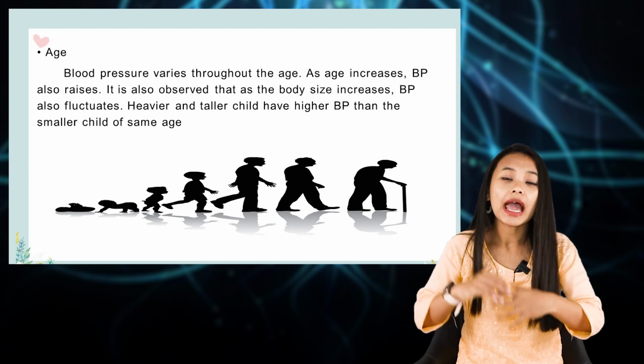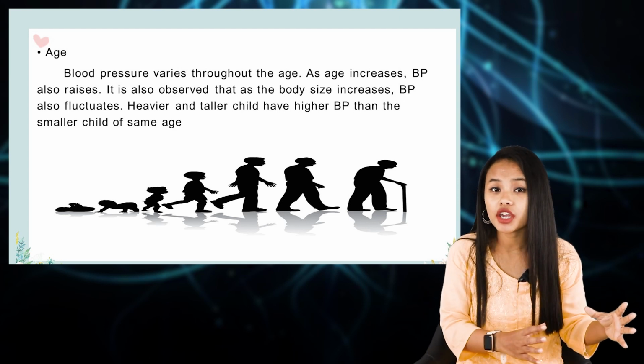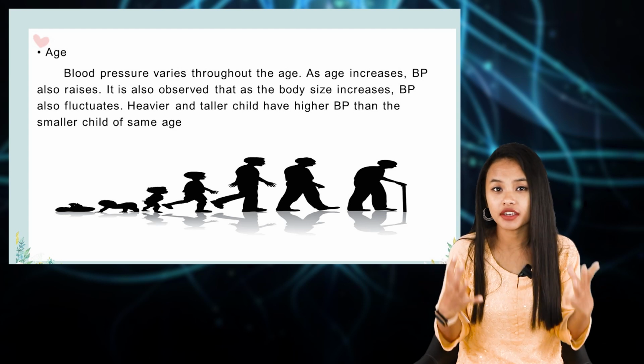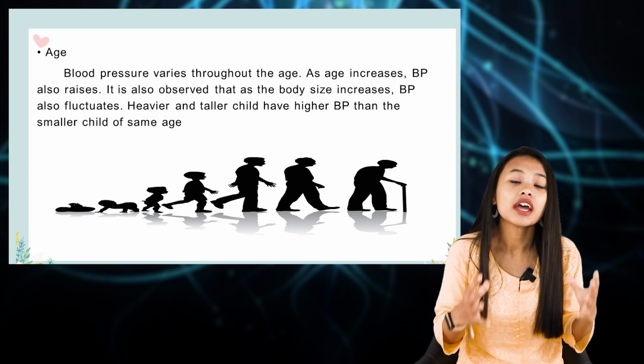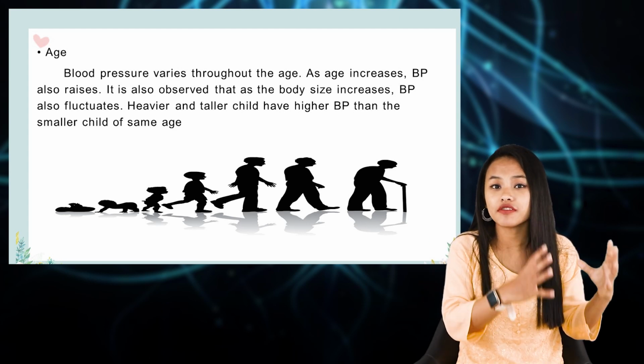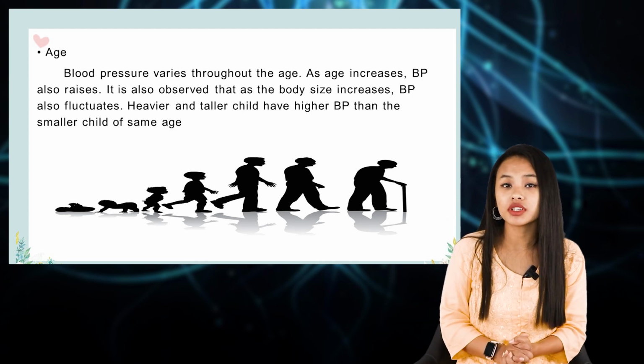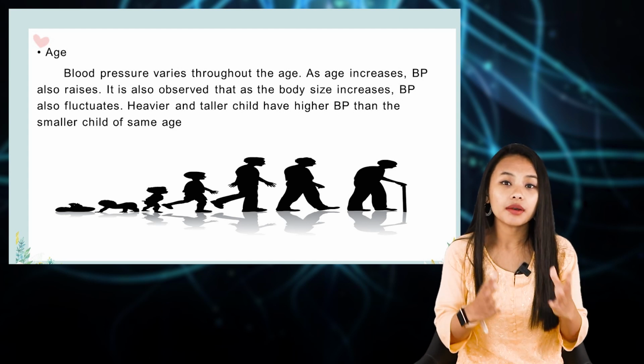And here it does not only depend on age, but also on the body size of an individual, because it is observed that if the body size of an individual is greater or larger, then this can also lead to a fluctuation in blood pressure.